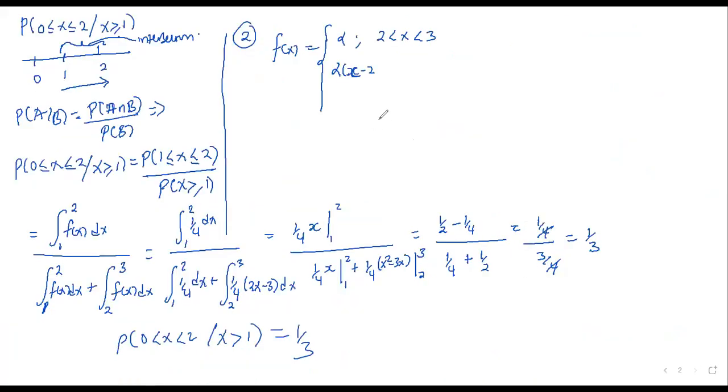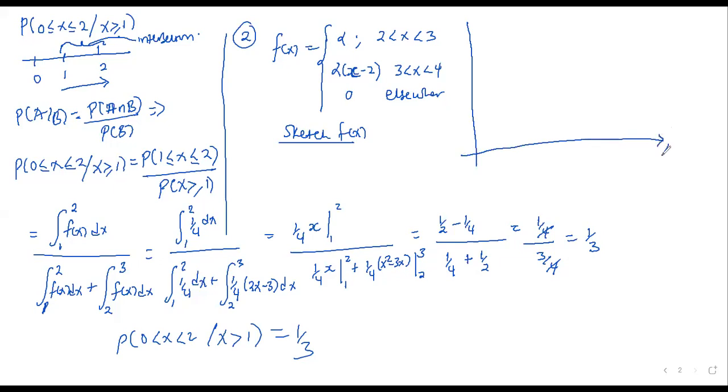Another person also had a concern. Here is this number. The first question was saying sketch f of x without finding alpha. Now here you had to think. This is f of x.